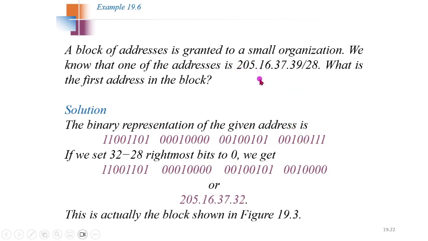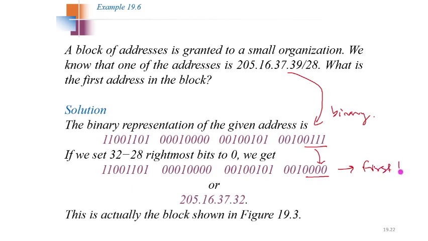So we convert this to binary, and then the rightmost 4 bits are made 0. This is the address of the first host, and once it is converted to decimal, this is the address.